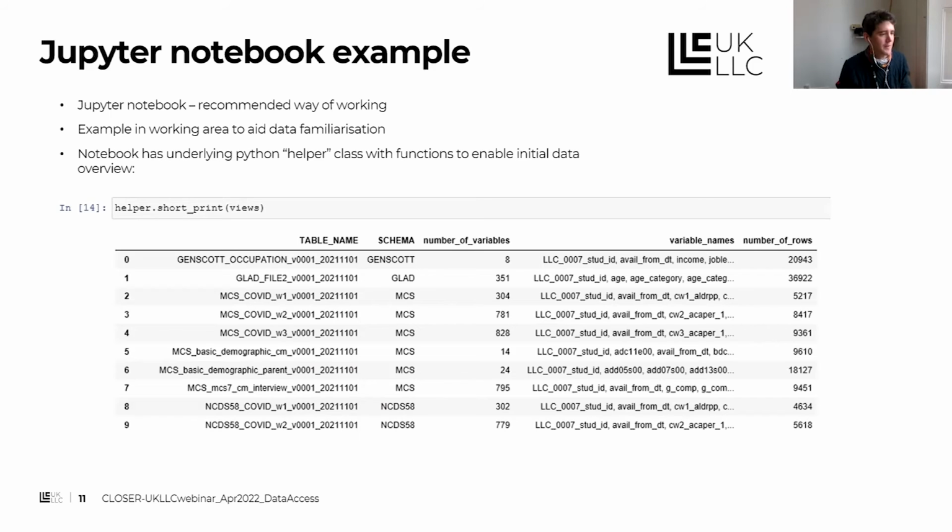And the idea is that you can pick this up and perhaps carry on using Jupyter notebook if you wanted to. And the notebook has an underlying Python helper class which has a series of functions which the notebook calls and uses. So this is supposed to enable the initial overview of your data and enable you to explore it.